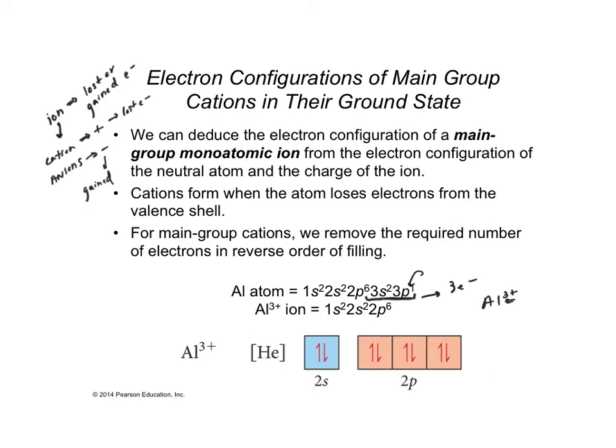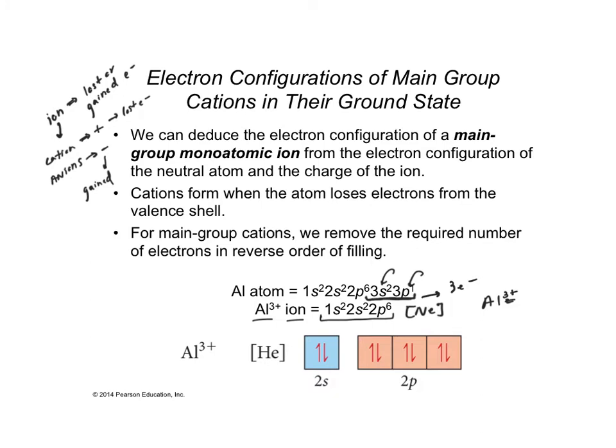So they're going to come from this guy, and they're going to come from this guy. So the aluminum 3+ cation would have the electron configuration of this, which ends up being the noble gas configuration of neon. Okay, that makes sense. Kind of the same thing that we've been doing thus far.